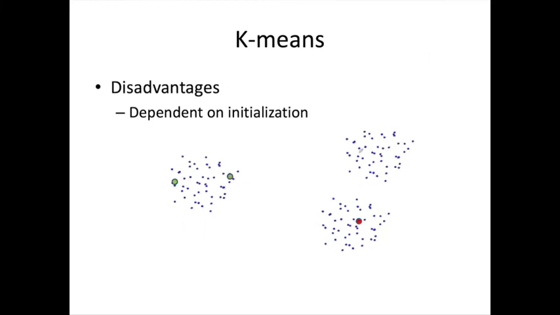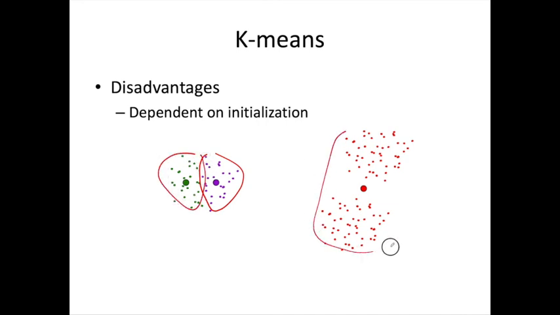If by random chance we decide that this is going to be the center, this is the second center, and this is the third center, we are going to create the clusters based on this. At the end we are going to end up separating this into one cluster, this into another cluster, and all these are going to belong to one cluster.